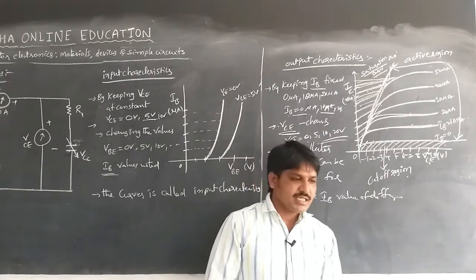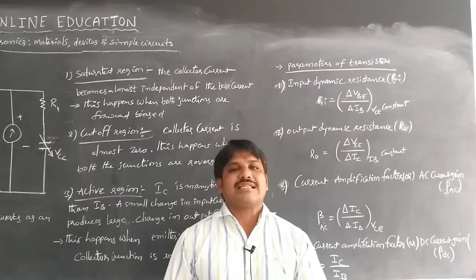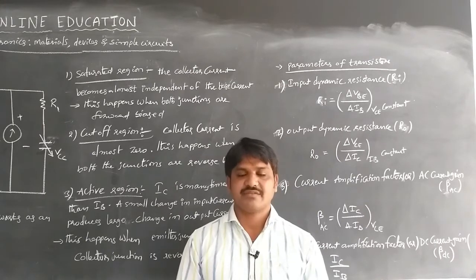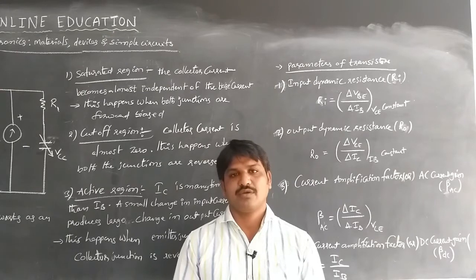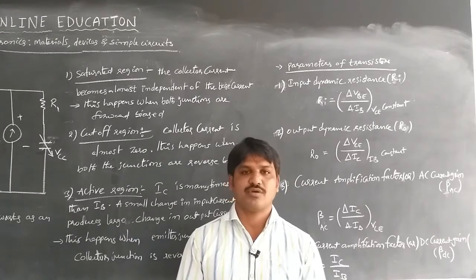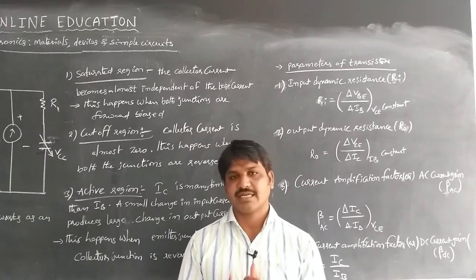In the output characteristics, we got three regions of conduction. In the cutoff region, the collector current is almost zero when the base current is zero. For the fixed value, the base current is zero, and by changing the output potential there is no current flowing through the collector circuit.